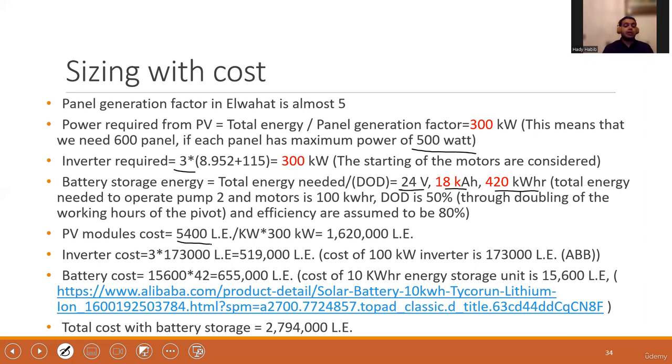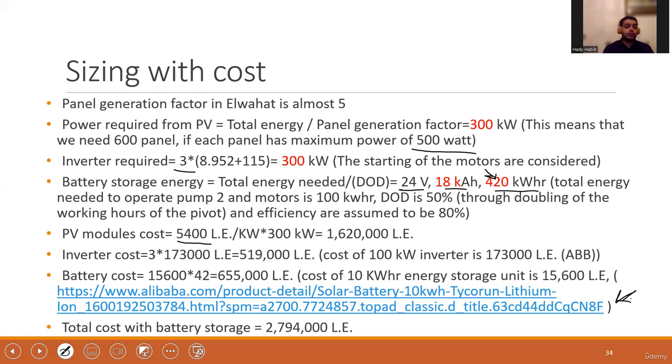For the cost of the battery, in fact, the cost of the 10 kilowatt hour of battery is 15,600 Egyptian pound. So we need 42 of these because we need 420 kilowatt hour, so it will cost 655,000 Egyptian pound, as from this website. We get the cost of the 10 kilowatt hour of the battery.